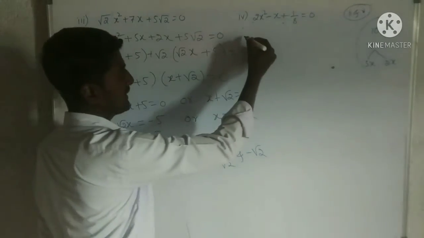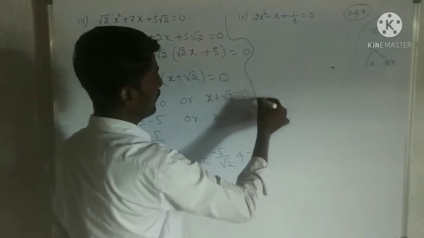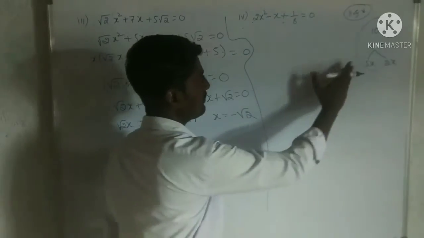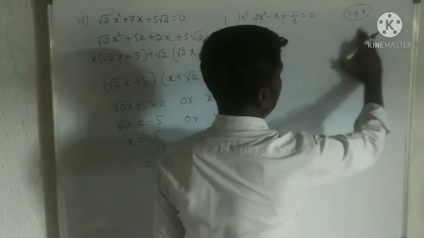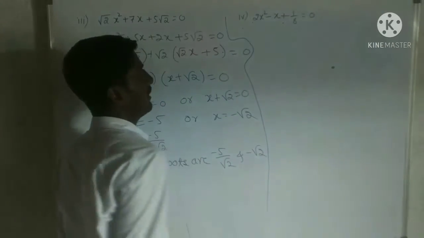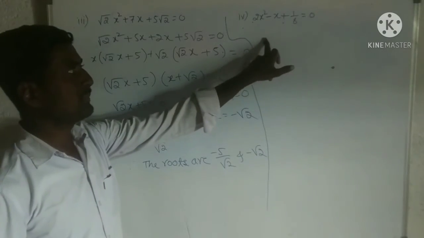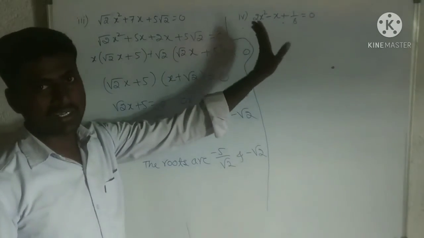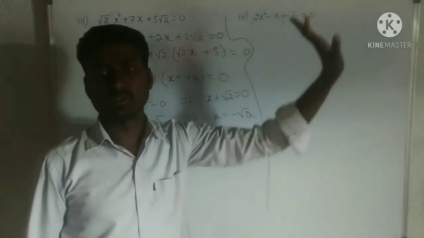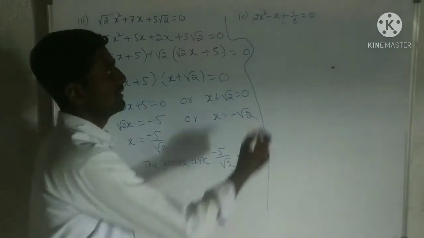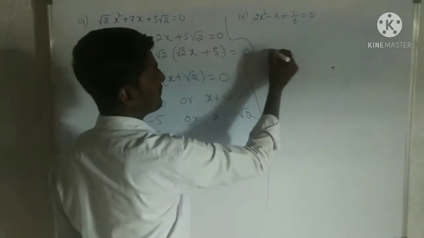The next one, that is the fourth one. So here I will take LCM as 8. Then after taking LCM, I will send that 8 to the right side. It will become 0. So now take 8 as LCM.